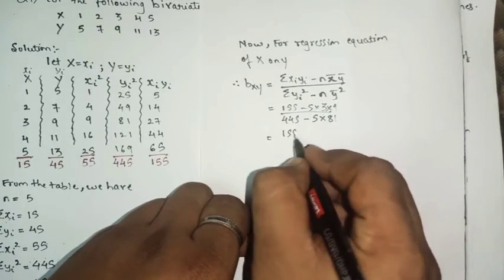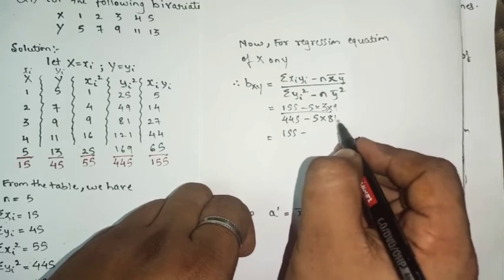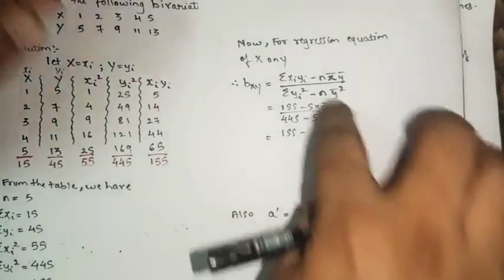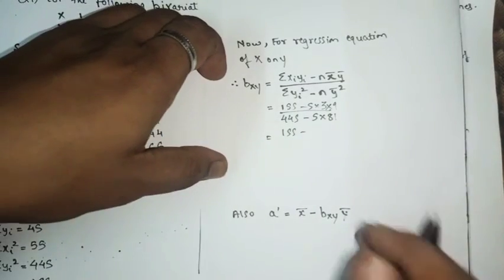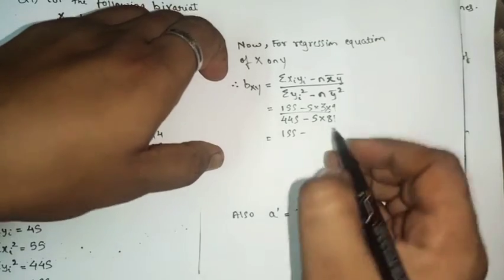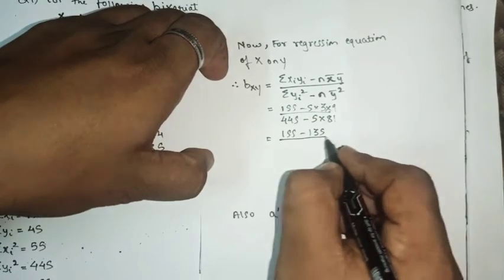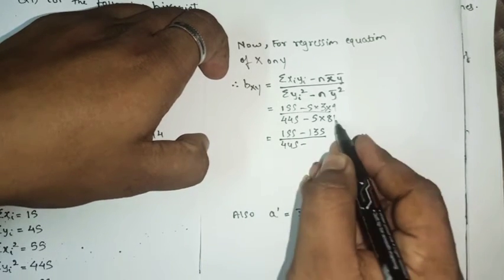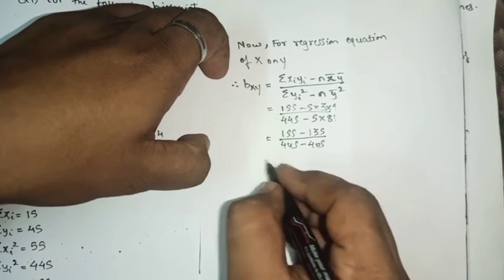So 155. Again same, we cannot cancel this 5 and 9 because the main connection is minus here. We cannot cancel this part. Okay, these are the basic things. So this will be 135 when you multiply 5 into 3 into 9. Okay, so this 445 will be the same. 81 times 5 is 405.